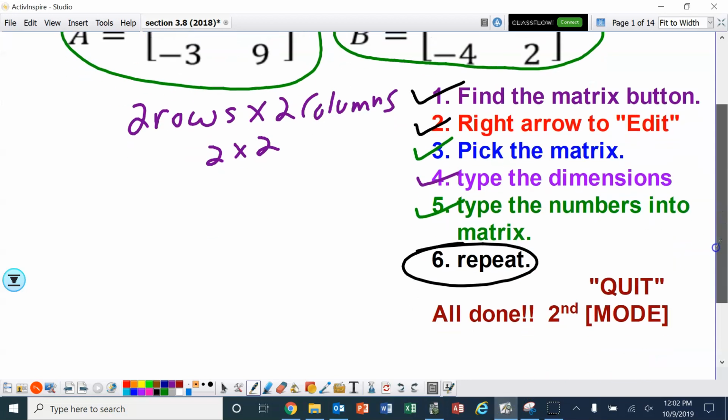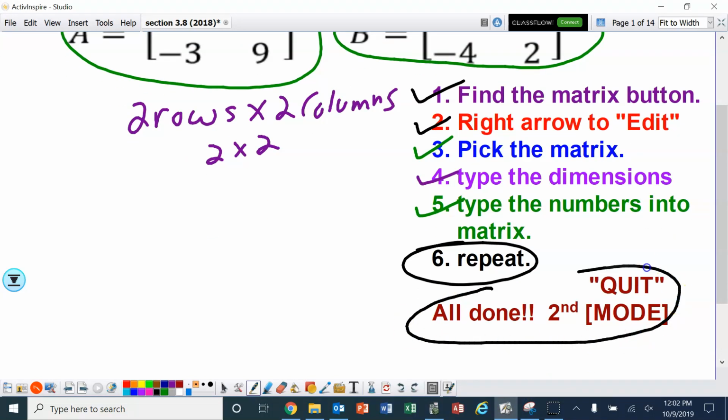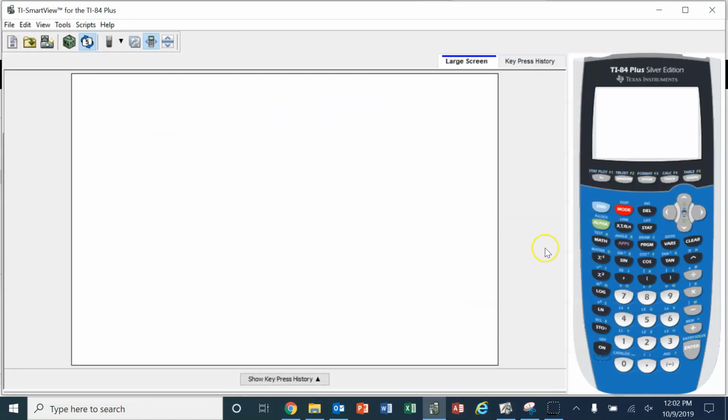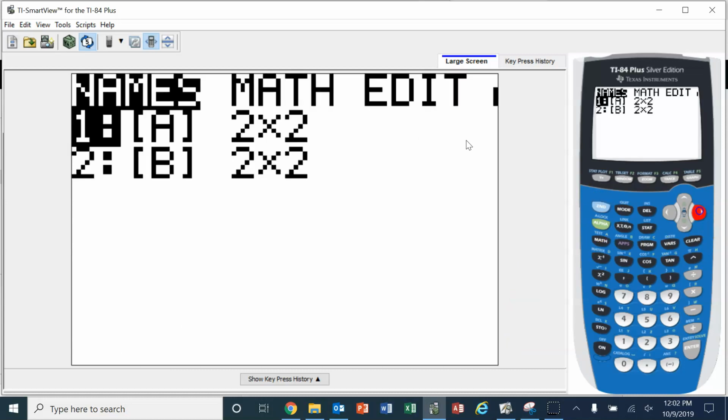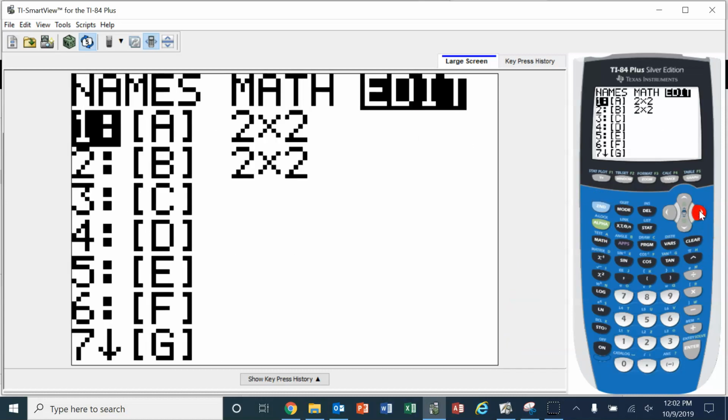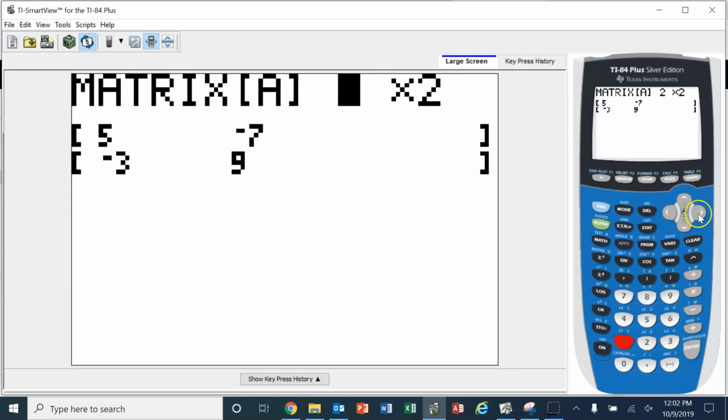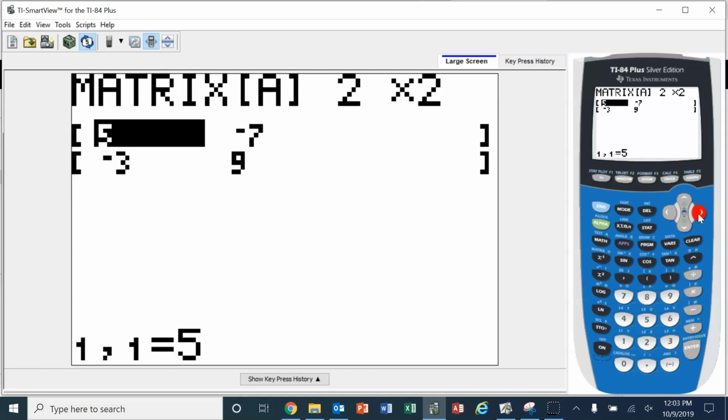That's what this says right here. When you're all done, second mode, which is second quit. So let me run through that again. You go to your matrix, you go to edit, you pick the one that you want to edit, you put the dimensions in, and then you type the numbers.